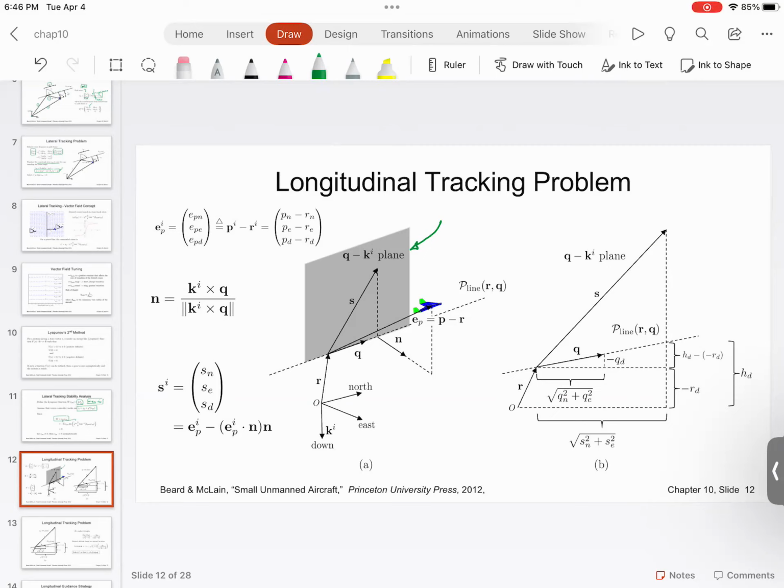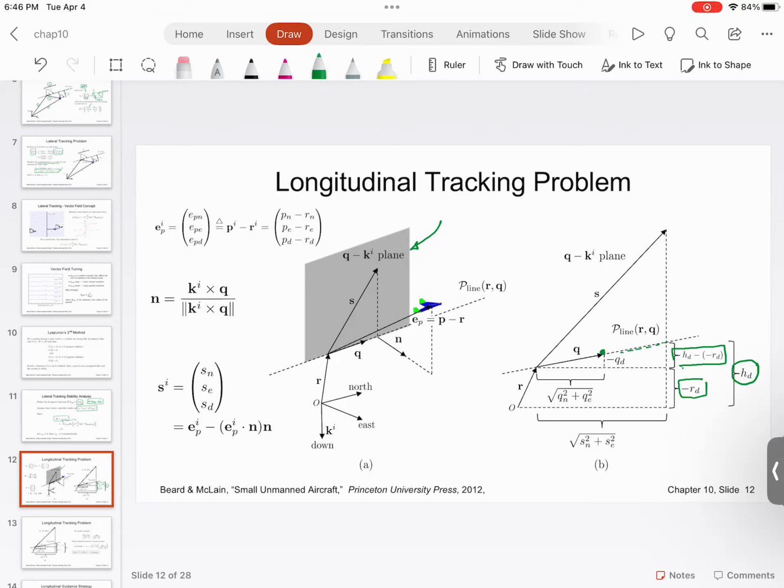When I look at the projection of the path onto the QKI plane, I get this error, which is the composition of HD and RD, and the total error is HD. Please understand, my UAV is somewhere over here, and I want it to follow this particular path.